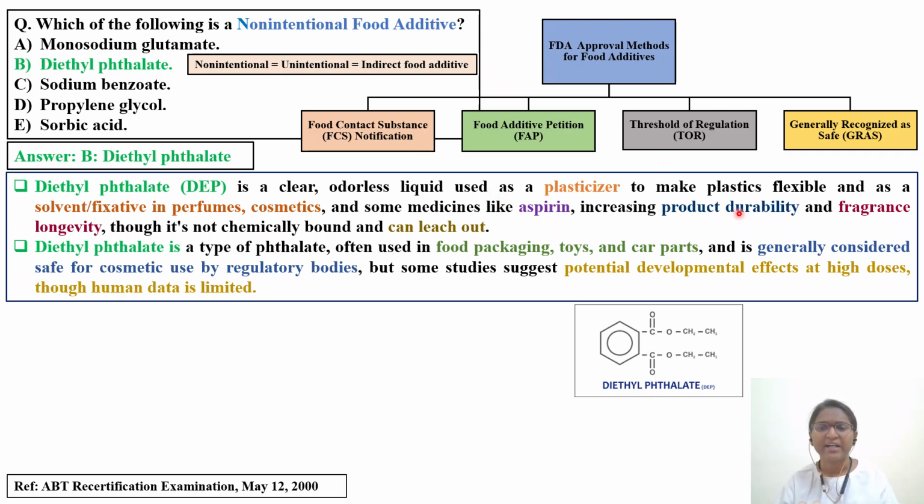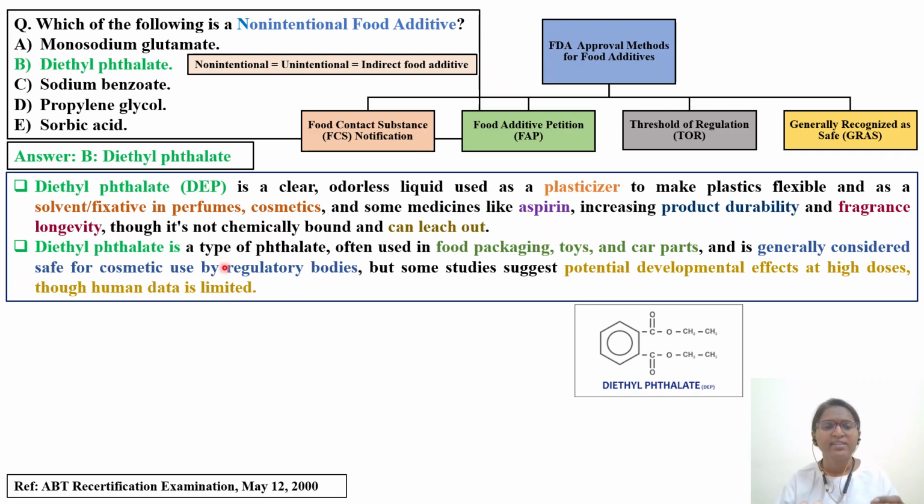It is used to make plastics flexible, and as a solvent fixative in perfumes, cosmetics, and some medicines, even aspirin, increasing product durability in plastics and fragrance longevity, though it's not chemically bound and can leach out. Since it is a component of the plastic, there is a possibility of leaching, so you need to read about extractables and leachables also with respect to this.